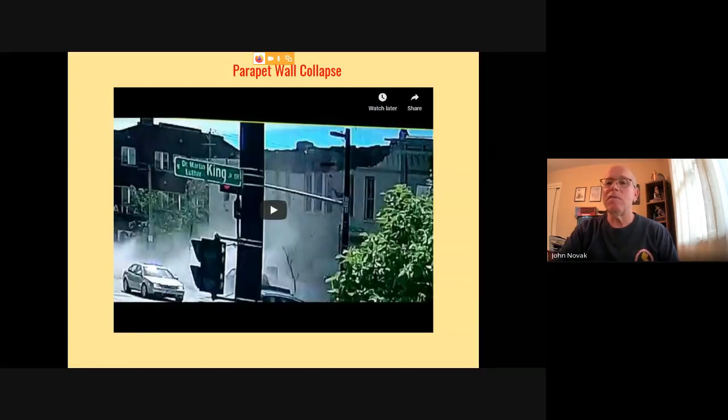Okay, so just think if you're fighting a fire in this building and your guys are standing out on the sidewalk. And again, take a look at it one more time.